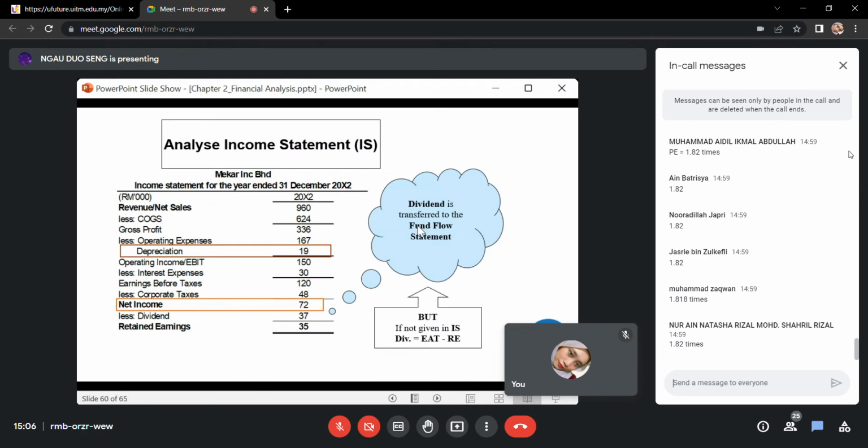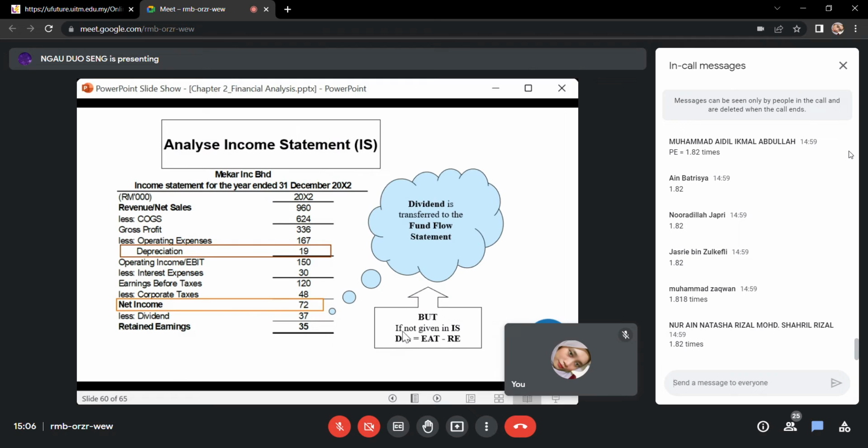Right, next here you can check dividend. So you can see here this one is the income statement, so we also use it. You can see here dividend is transferred to the fund flow statement because dividend is uses of fund and net income is sources of fund.